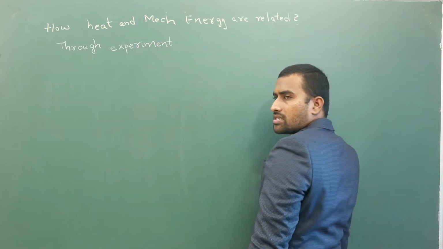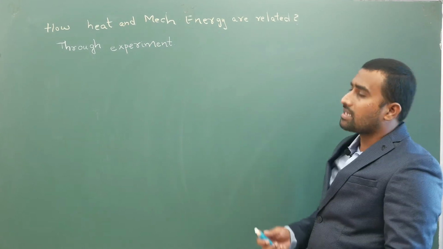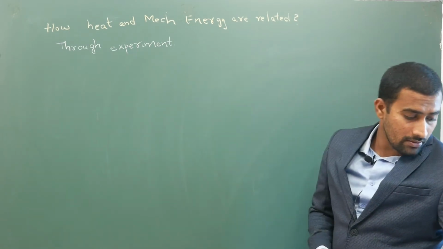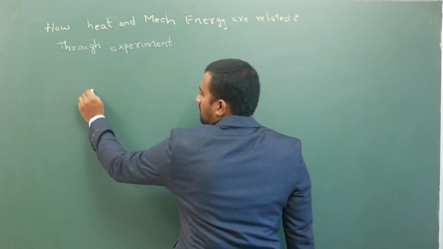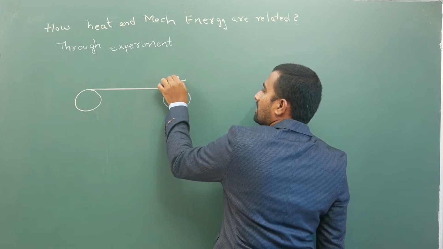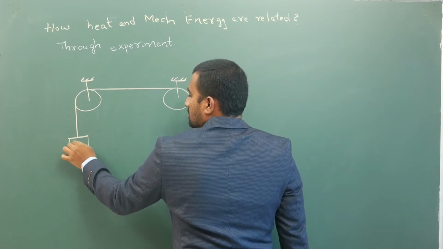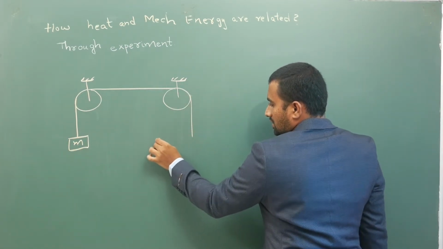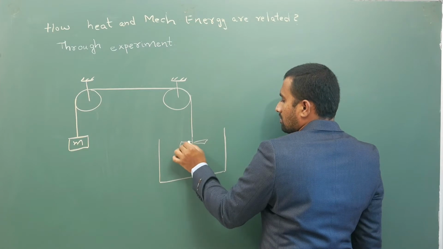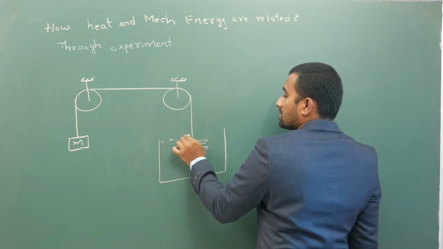To explain how heat energy and mechanical energy are related, if you take a system like this, let us say you have a pulley, attached to this there is one more pulley, and attached to this there is a mass m, and attached to this there is a churning machine, where you have some axial kind of thing, which rotates when the mass is going down.